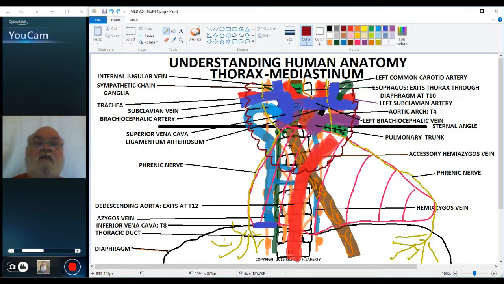I'm not going to color it in because that would block everything. So what I just drew in is approximately what the thymus would look like in a young individual. And I'll stick a label in here.